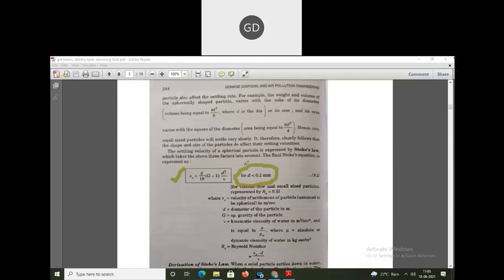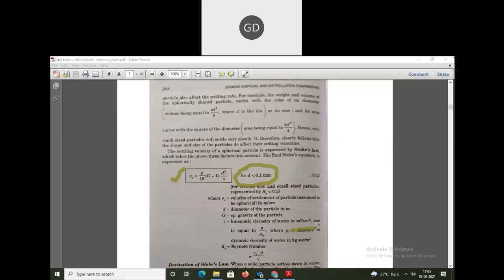Here Vs is the settling velocity, in meters per second. Then d is the diameter of the particle, in meters. Capital G is the specific gravity of the particle. Then nu is the kinematic viscosity, in meter square per second.